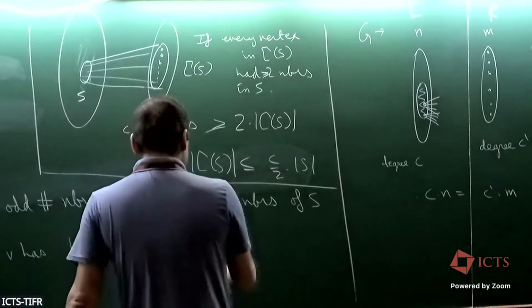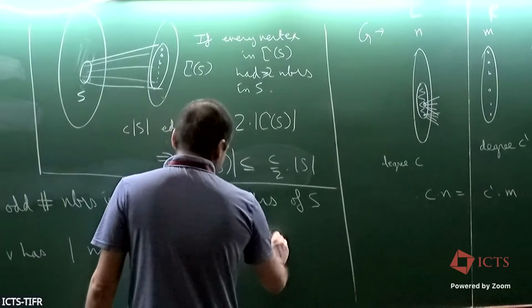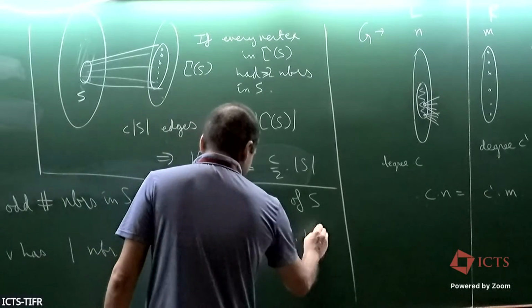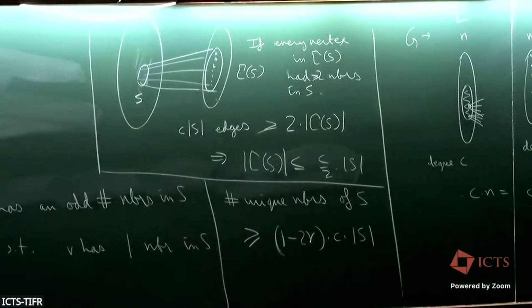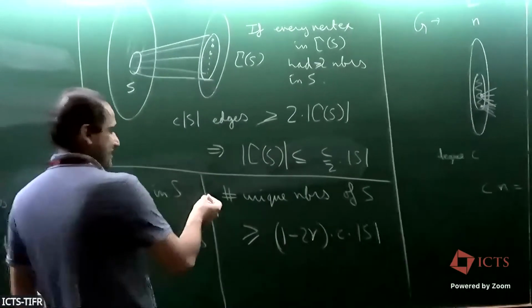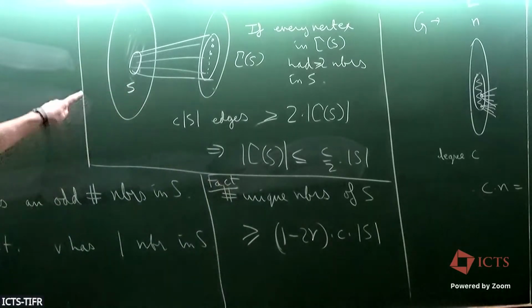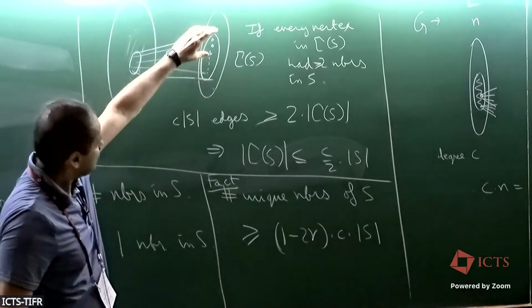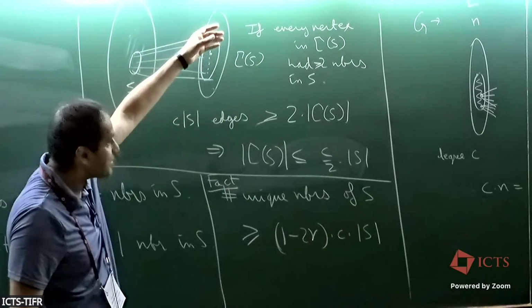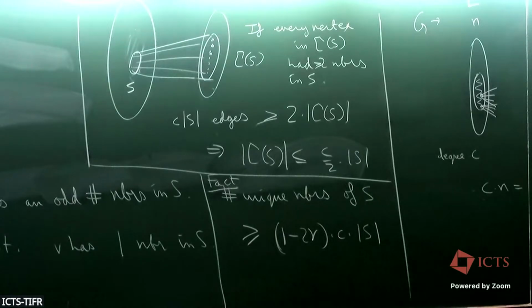The number of unique neighbors is at least 1 minus 2 gamma times C times size S. I'll call this a fact so that I don't prove it, and it is exactly this proof. It's about budgeting how many edges. In the neighborhood, there are some unique neighbors and some non-unique neighbors. The non-unique neighbors have at least 2 neighbors into S.